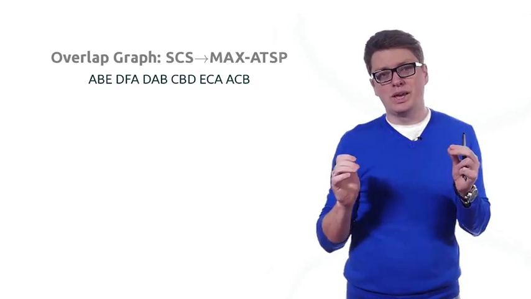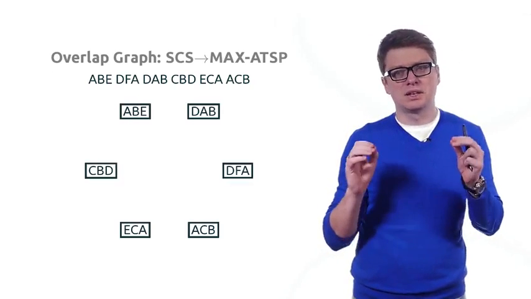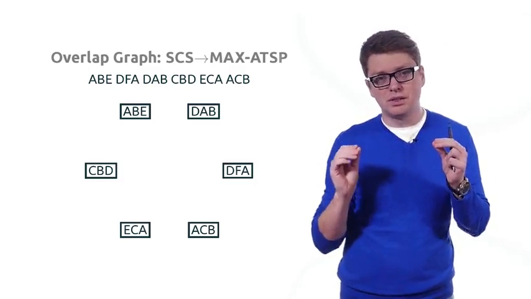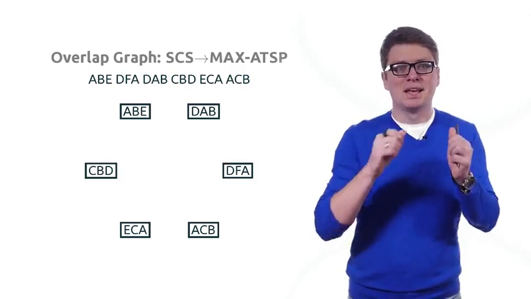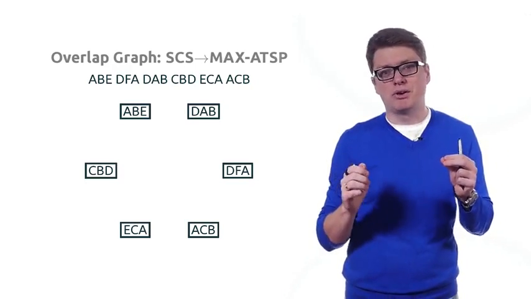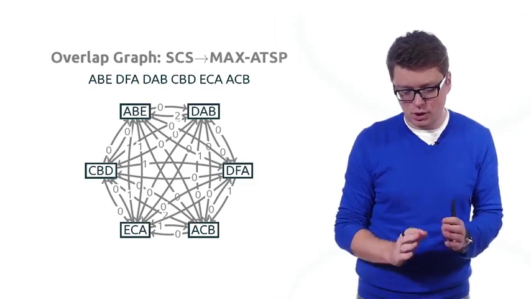Okay, so we can argue as follows. Let's construct the so-called overlap graph. The nodes of our graph are just our input strings, and then we add directed edges between every pair of the strings. Okay, this results in the following graph.